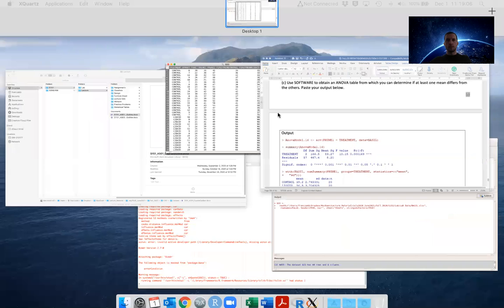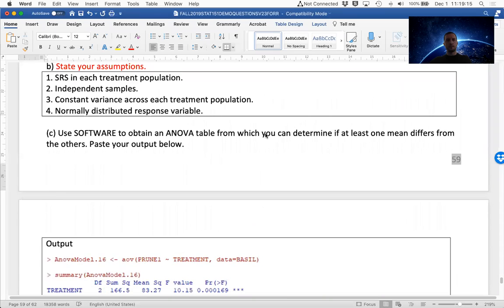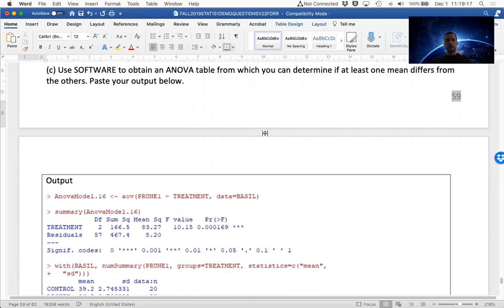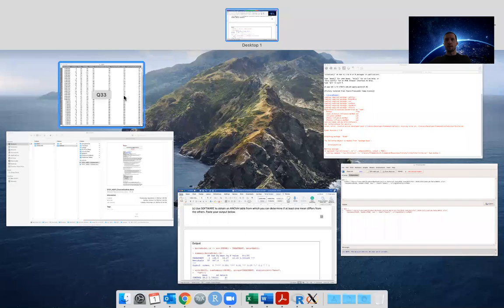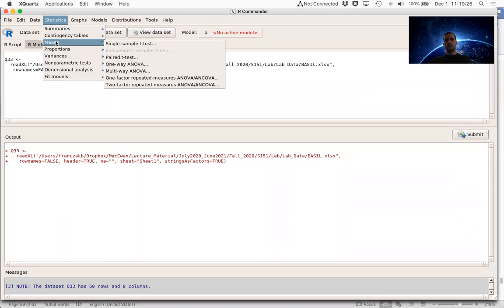So in this question, we are measuring mean time to first pruning. So we want to know if there's a significant difference in time to first pruning among the different treatment means. Okay, so in RCMDR, we're going to go Statistics, Means, One-way ANOVA. One-way ANOVA is the only ANOVA that we've talked about.